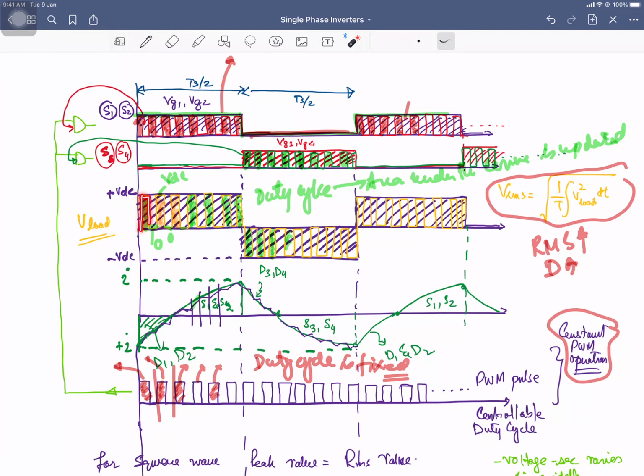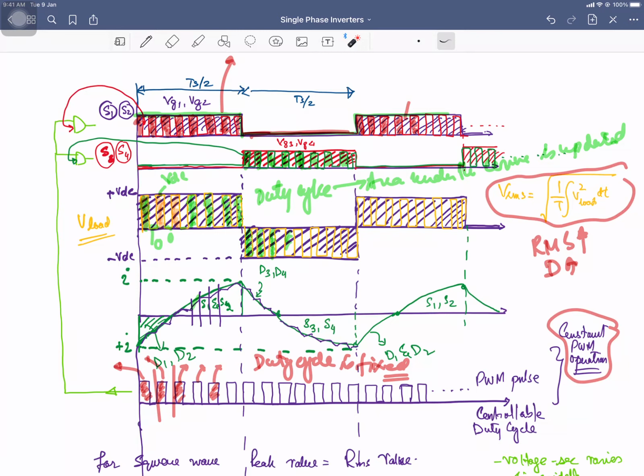So what is the advantage that you are going to get over here? You are changing the area under the gate voltage waveform, and that is reflected at the output of your inverter, which is of higher voltage VDC. So once you control that area under the curve, you control the RMS value. So you can control the inverter output voltage with the help of the PWM operation.